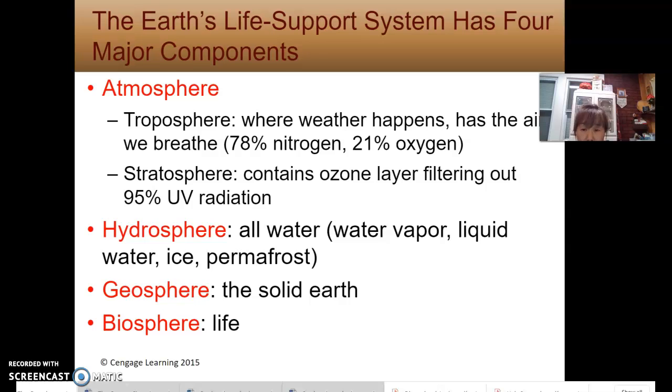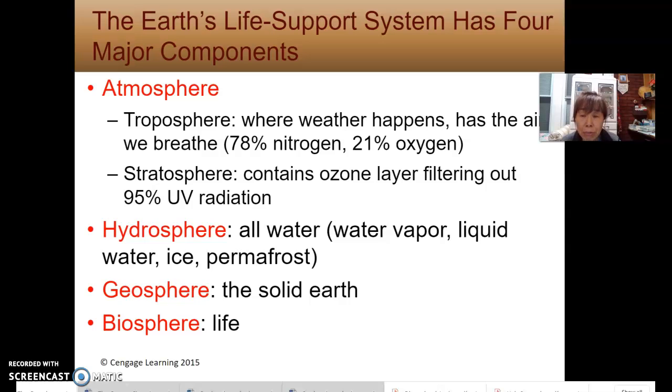The first one, close to the Earth's surface, is called the troposphere, where weather happens and which has the air we breathe, which is about 78% nitrogen and 21% oxygen. All the other gases and vapors make up only about 1%.